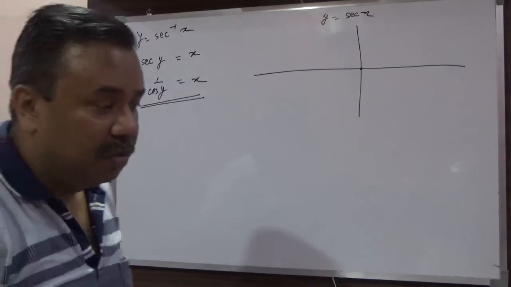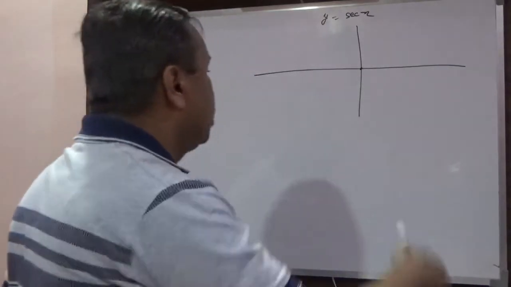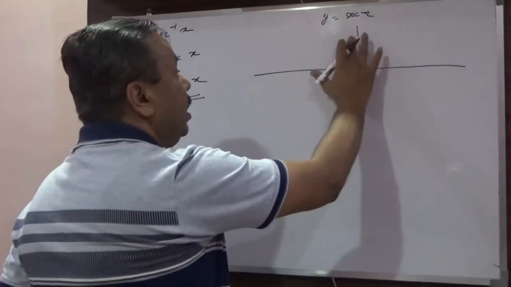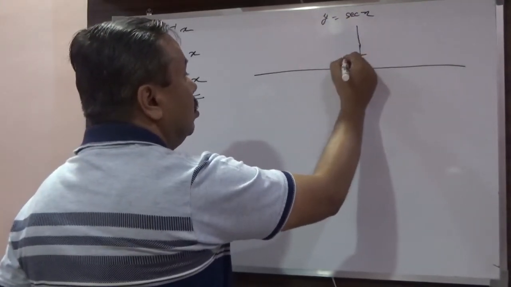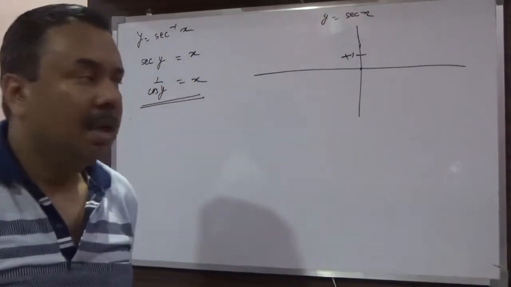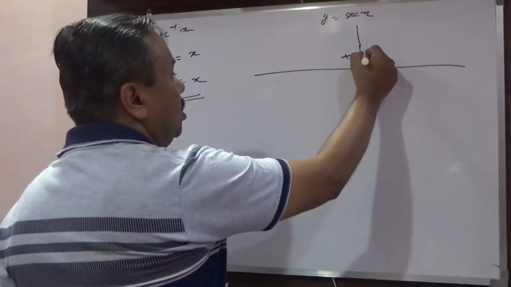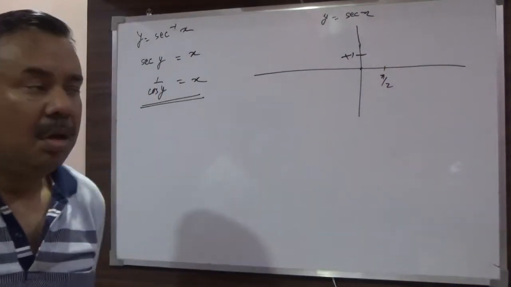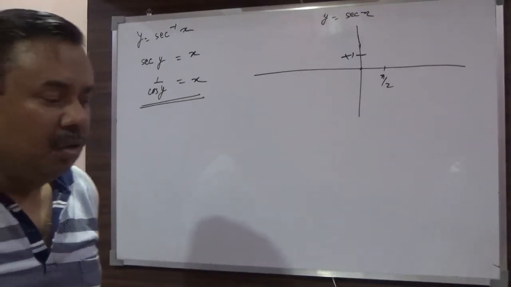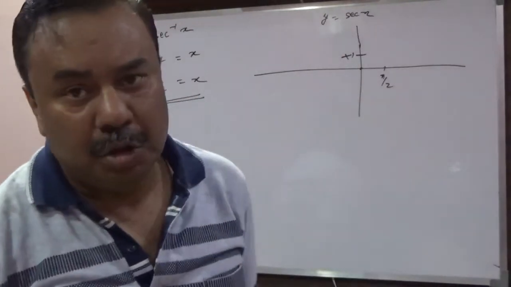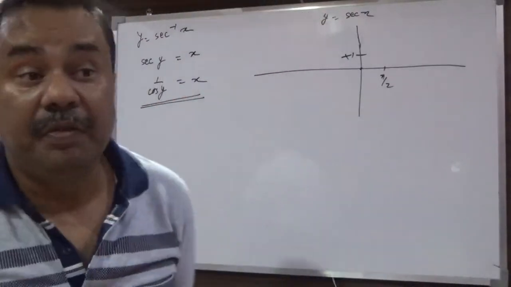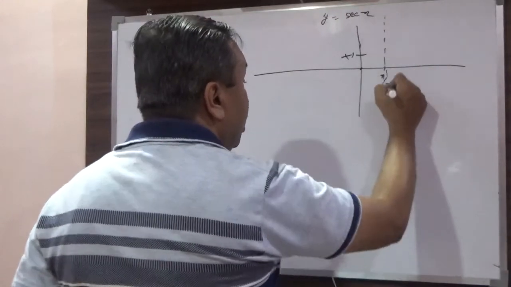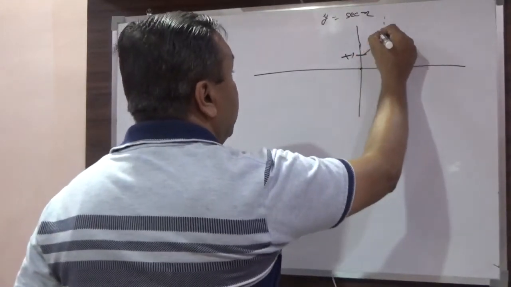Obviously cos x was 1, so sec x will also be 1. At pi by 2, the value of cos x is 0, and so the value of sec x was not defined, because 1 by 0 is not defined. So once again a similar condition arises, and it goes like that.